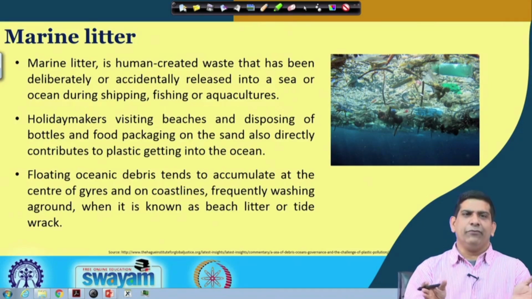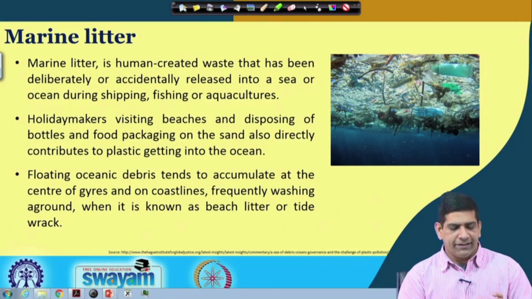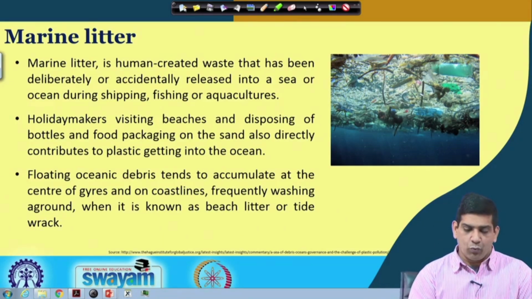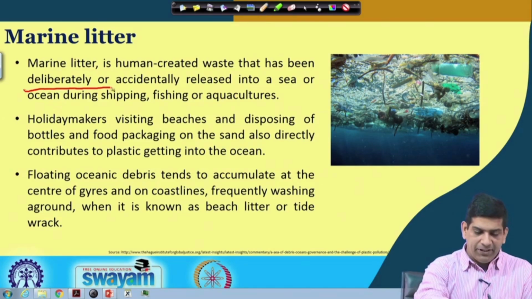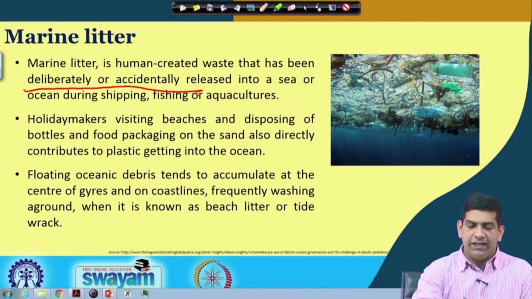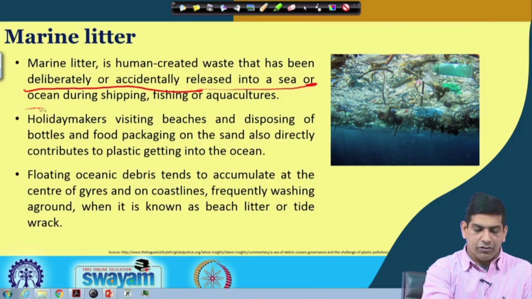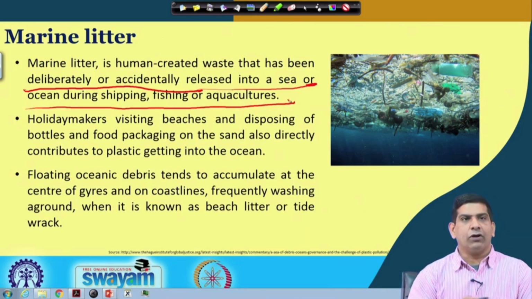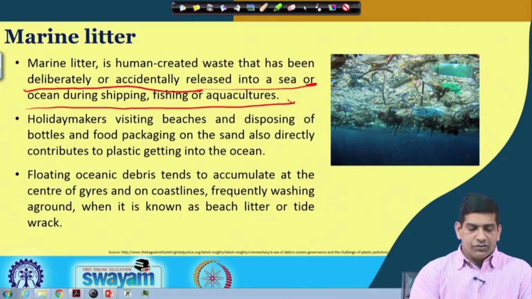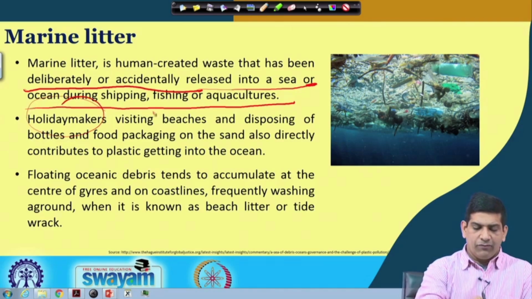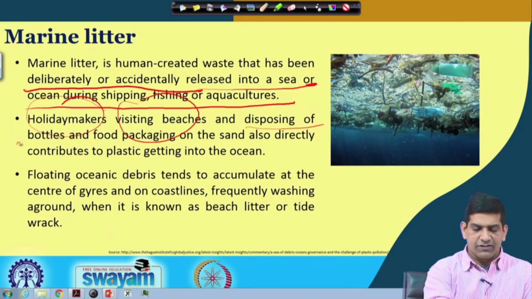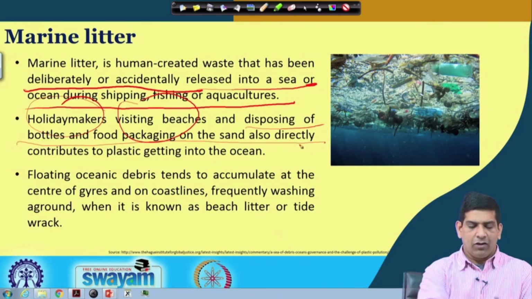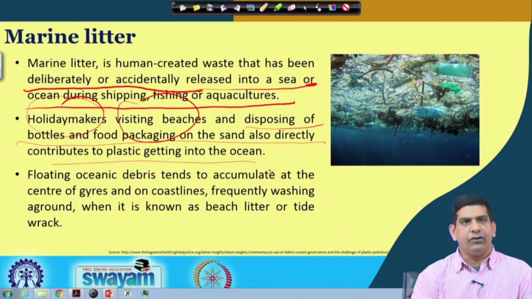Marine litter is human-created waste that has been deliberately or accidentally released into the sea or ocean during shipping, fishing or aquaculture. When you go on holidays and visit beaches, disposing of bottles and food packaging on the sand also directly contributes to plastic getting into the ocean.